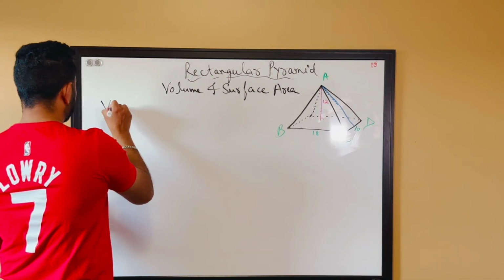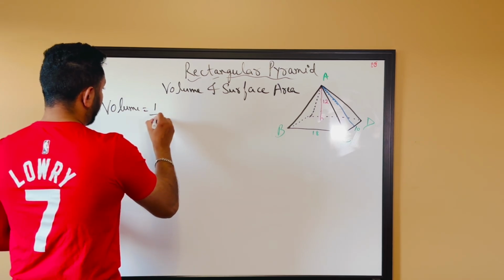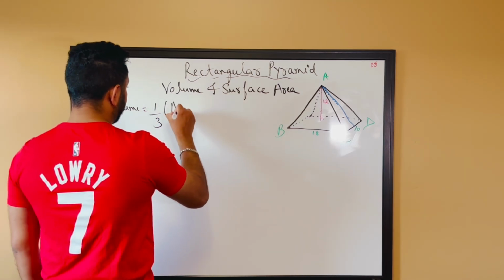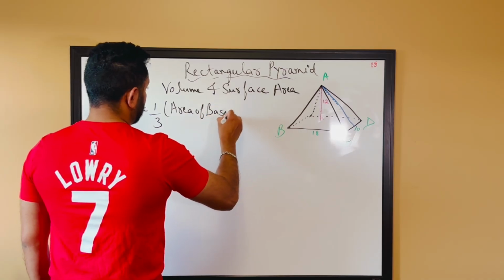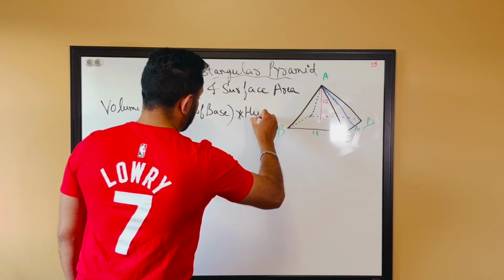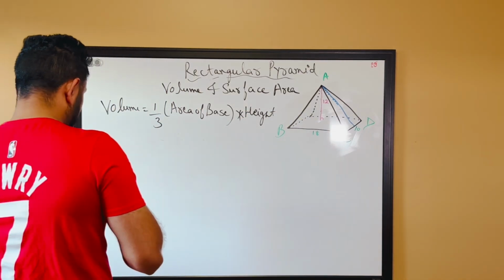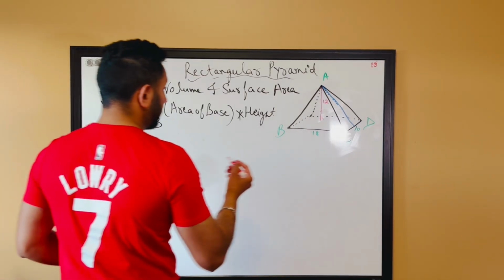So volume, and the formula for the volume is 1 by 3 area of the base into height of the rectangular pyramid.